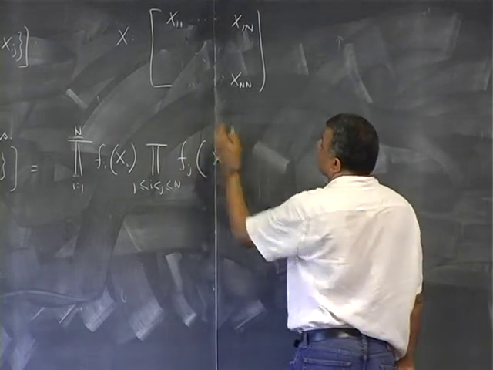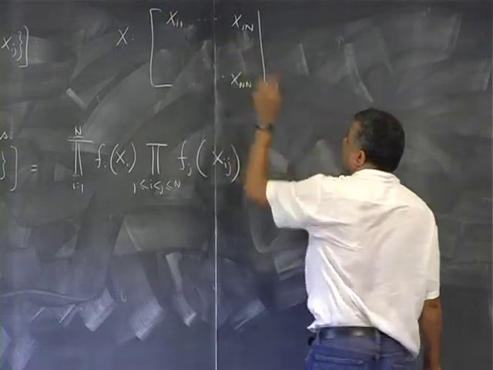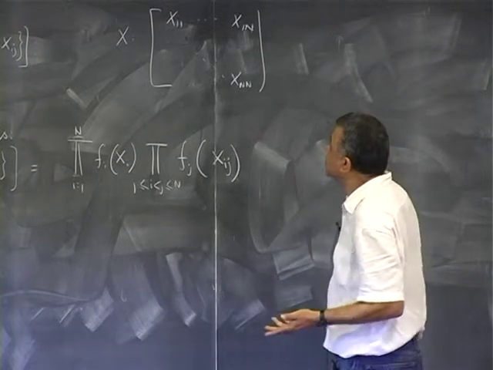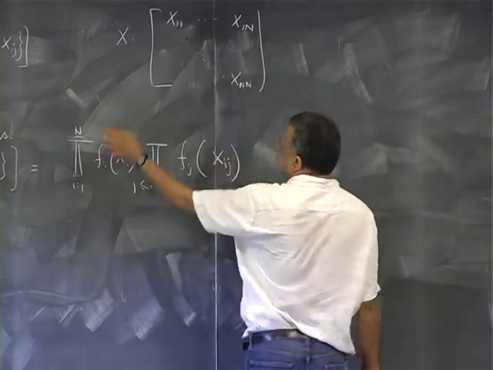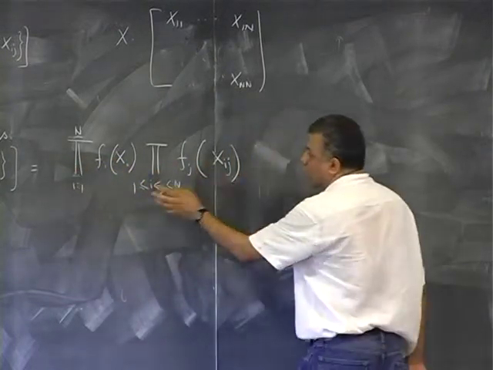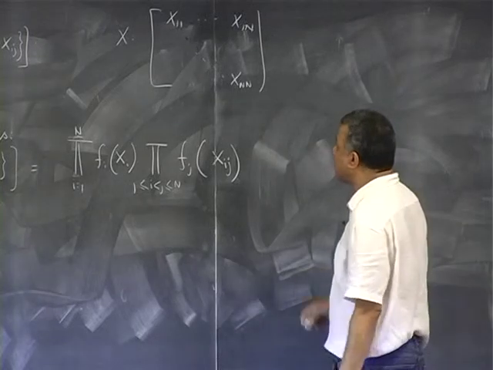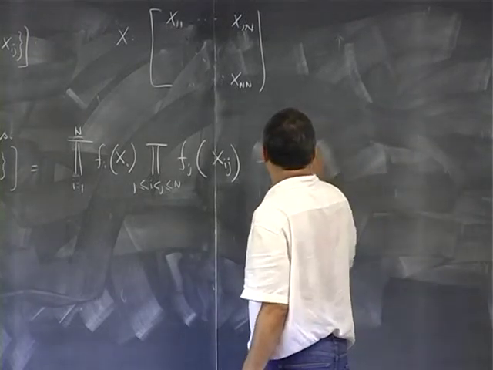So each guy is chosen independently from some arbitrary distribution. They need not be the same distribution. They could be completely different, but they're independent. That means you can factorize this joint probability distribution like this. So this class of random matrices is in general called Wigner matrices.